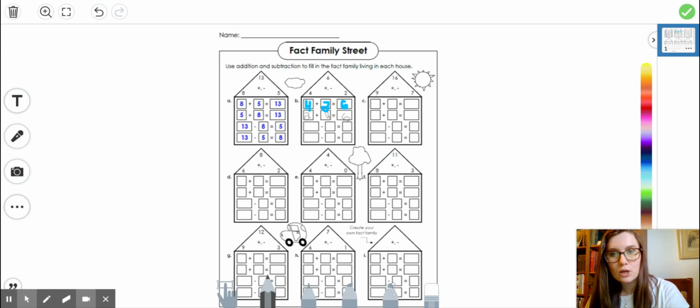So here are my subtraction. You'll notice that the whole has a bigger box. So my whole is 6. 6 minus, let's start with 4, is the same as what's the last number left, 2.